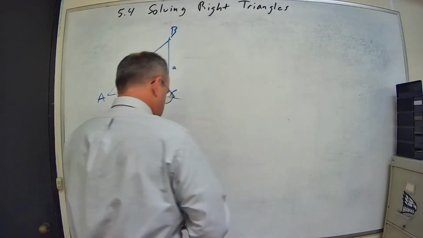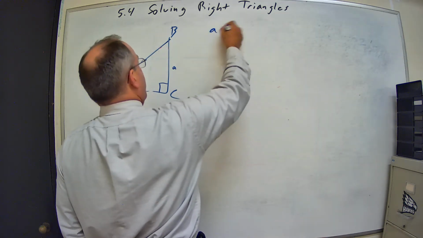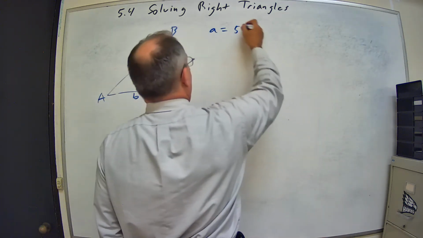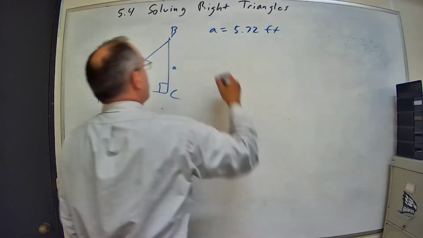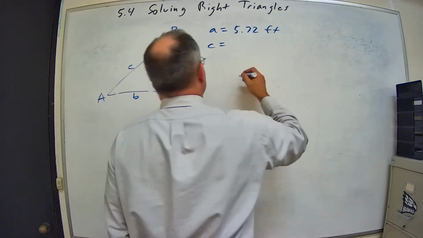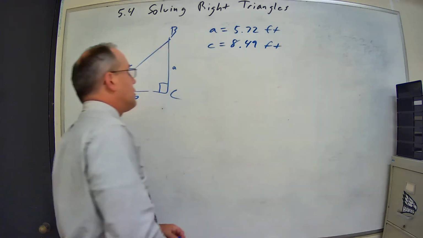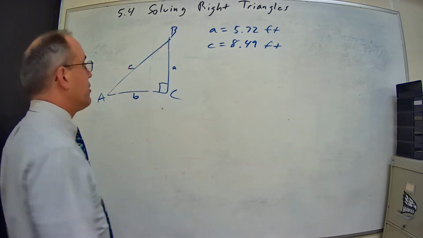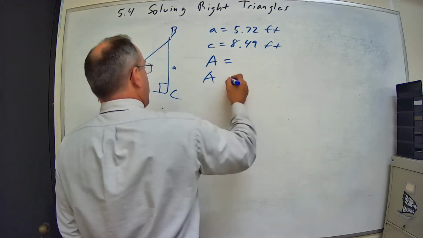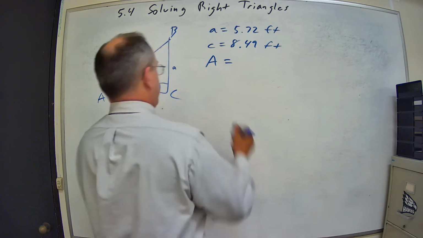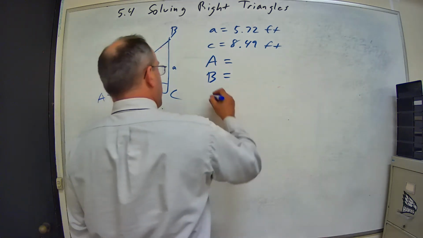So I know that A is equal to 5.72 feet. C is equal to 8.49 feet. And that's all I'm given. So we want to find angle A, angle B, even though that looked a lot like an A, and side B.